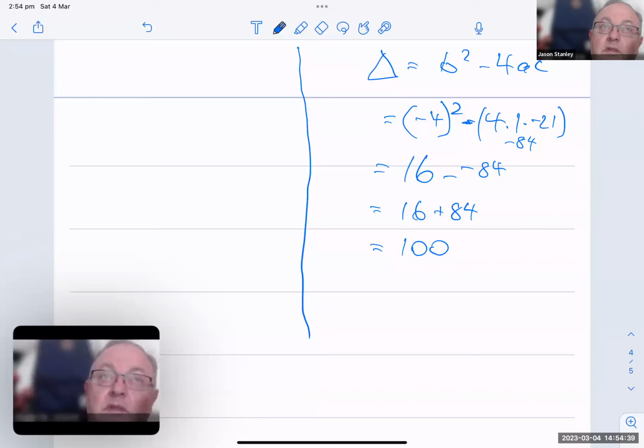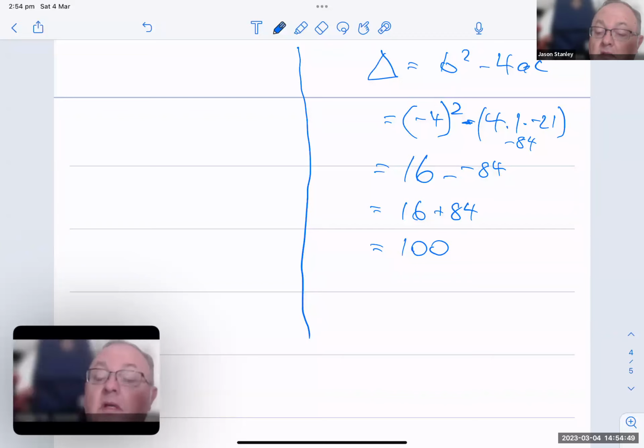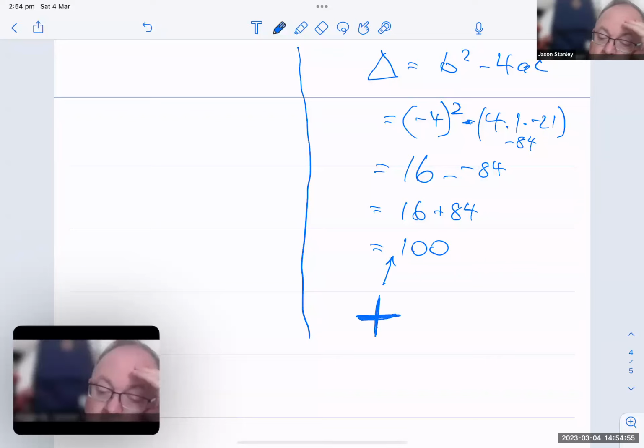That's not the idea. What's the idea? If I understand right, it's just the sign. Yeah, absolutely. So it's positive, which means that this should cut the x-axis twice. That's exactly right. So what we're saying is, this is being very mathsy, delta is positive.